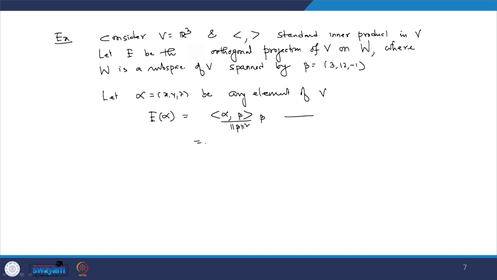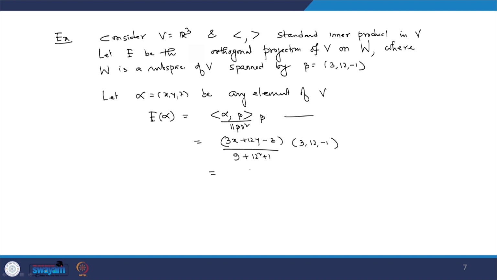So, alpha equals (x, y, z), and I have taken the standard inner product. Therefore, I will have 3x plus 12y minus z, divided by the norm of beta squared, which is 9 plus 12 squared plus 1, times the vector (3, 12, -1).